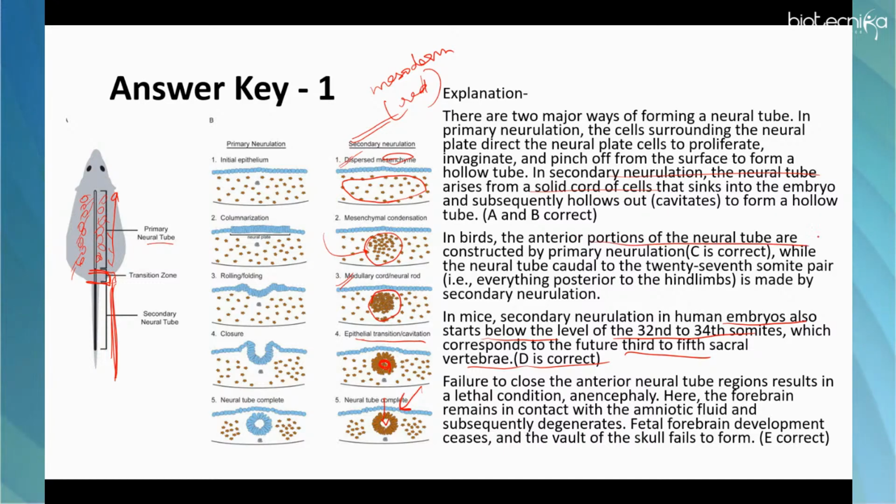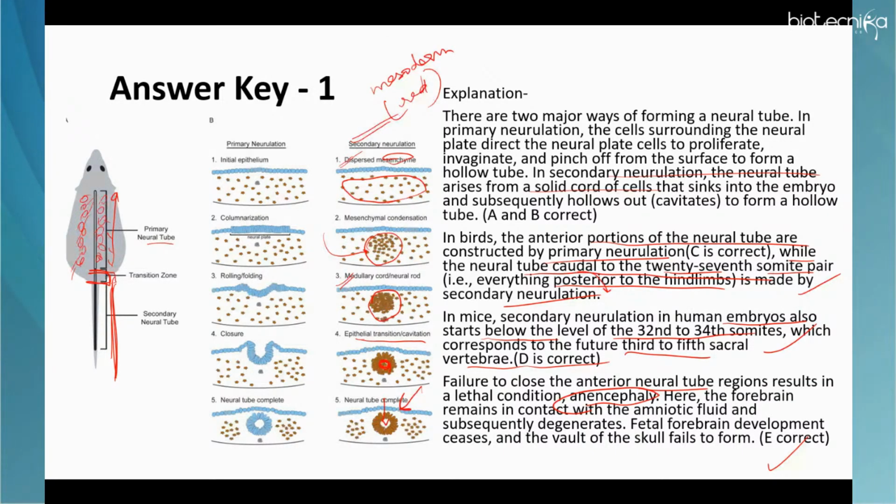In birds, the anterior portions of the neural tube are constructed by primary neurulation, while the caudal neural tube, towards the posterior side, from the 27th somite pair, that is everything posterior to the hind limb, is made by secondary neurulation. So both C and D are correct statements. And even E is correct, which refers to a condition called anencephaly, failure to close the anterior neural tube.